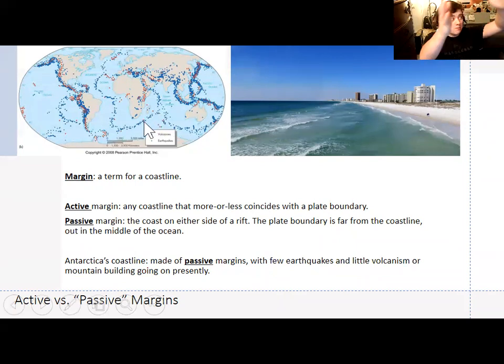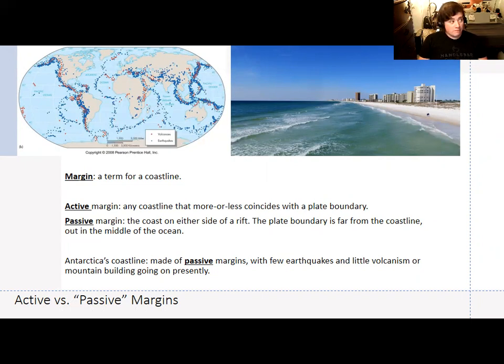They have just produced more and more oceanic crust on either side, and that has physically pushed the continents farther apart. And there is now a lot more ocean between Antarctica and the other continents than there was when these spreading centers first formed. And this means that we have to introduce another term. A margin is another way to say coastline in geology, and we identified two separate types of margins in geology.